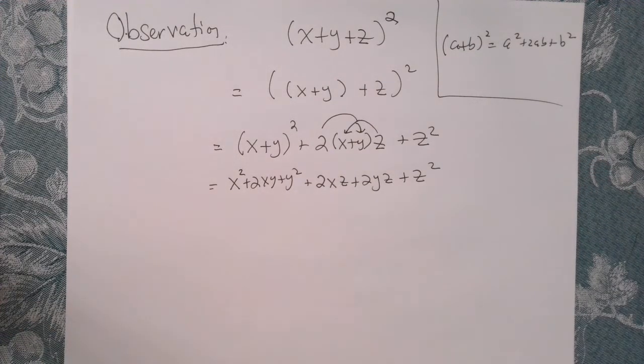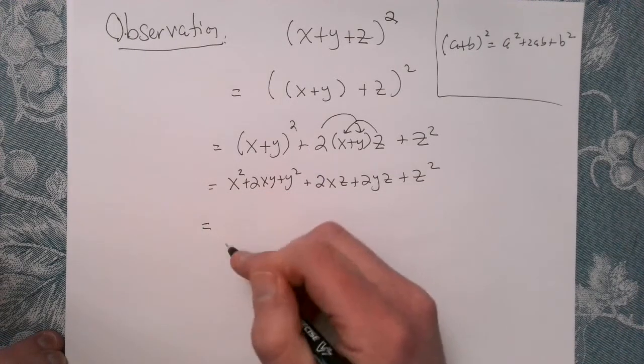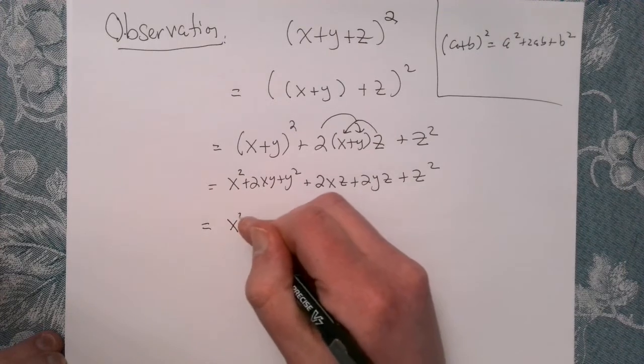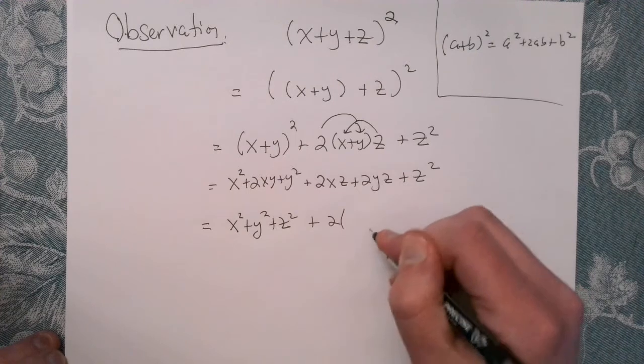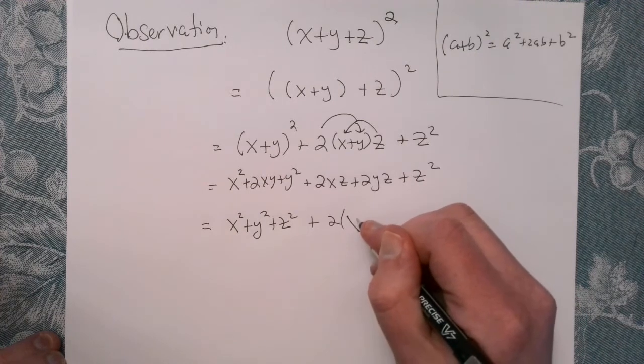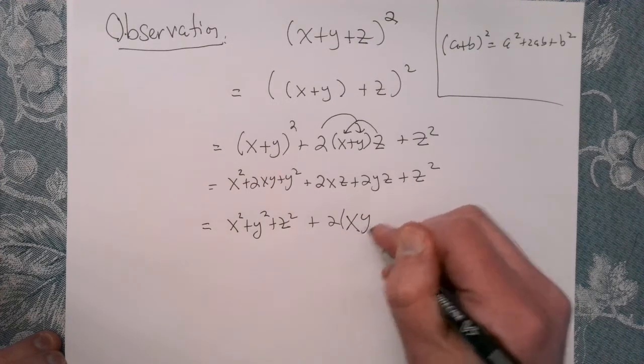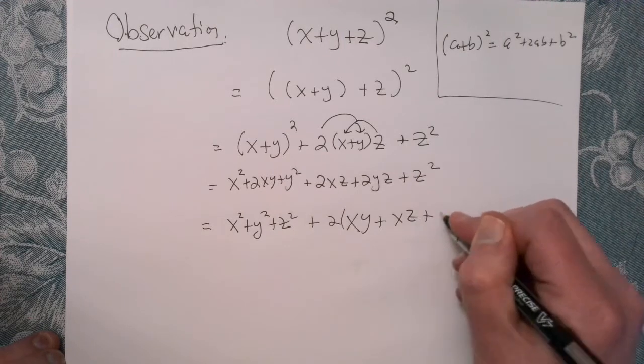And then if we group things together in a clever way, we can use some of what we know from before. So it looks like we've got an x squared plus y squared plus z squared plus 2 times xy plus xz plus yz.